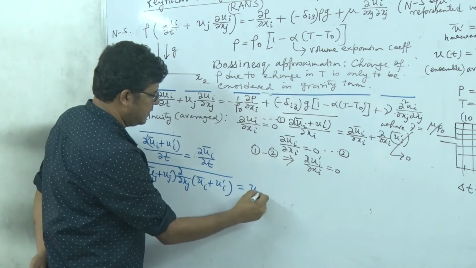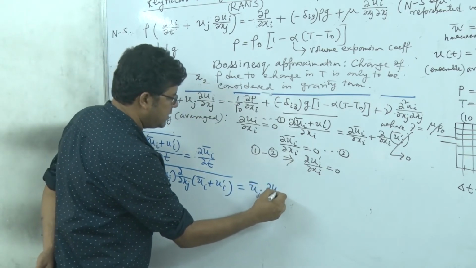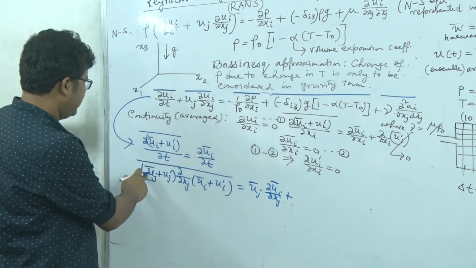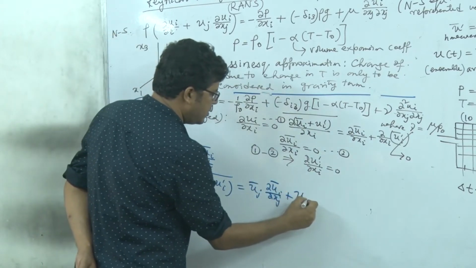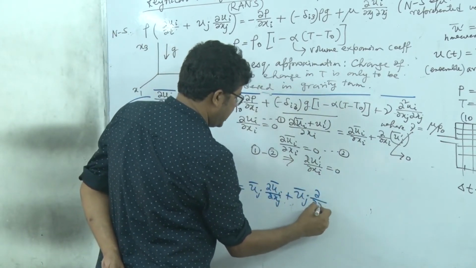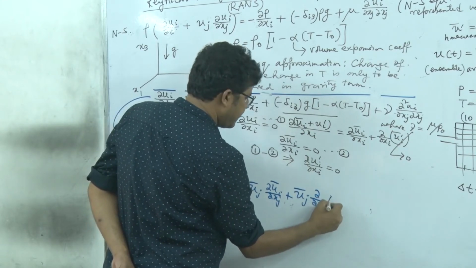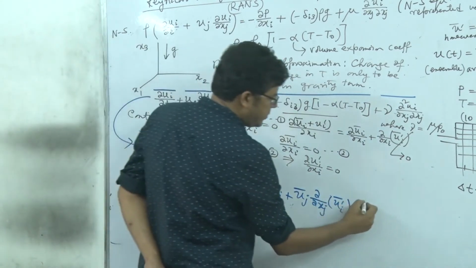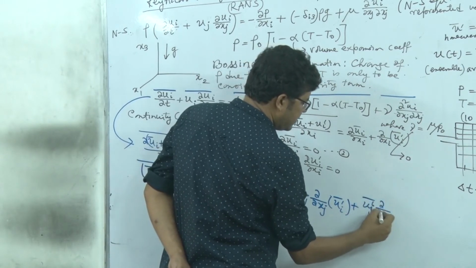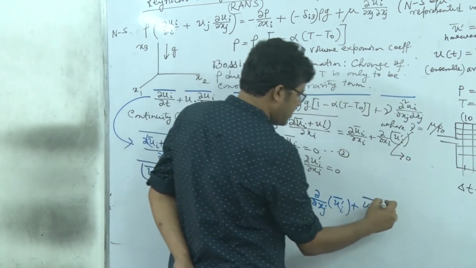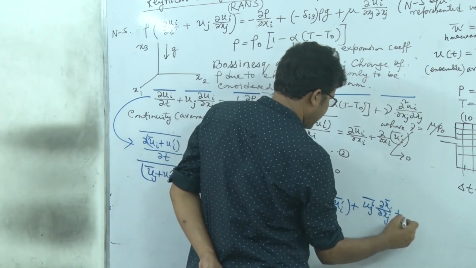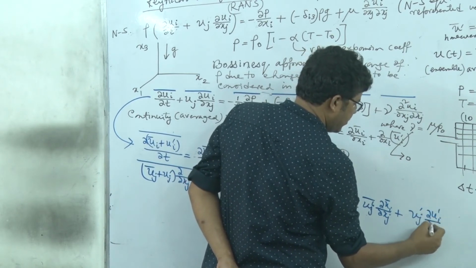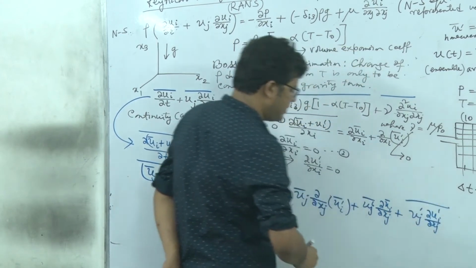So this is uj bar into del ui bar del xj, plus uj bar into del xj of ui prime average, plus uj prime average into del xj of ui bar, plus uj prime into del ui prime del xj, average of this.